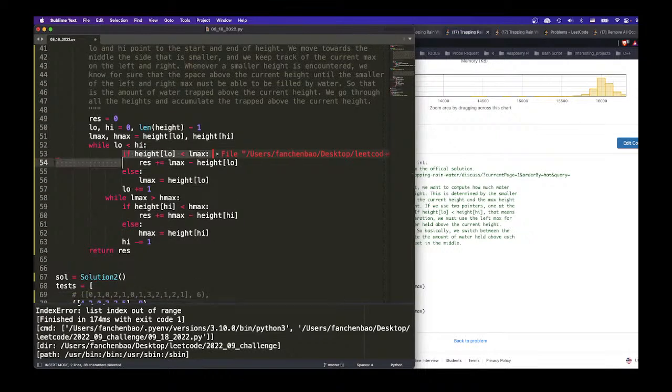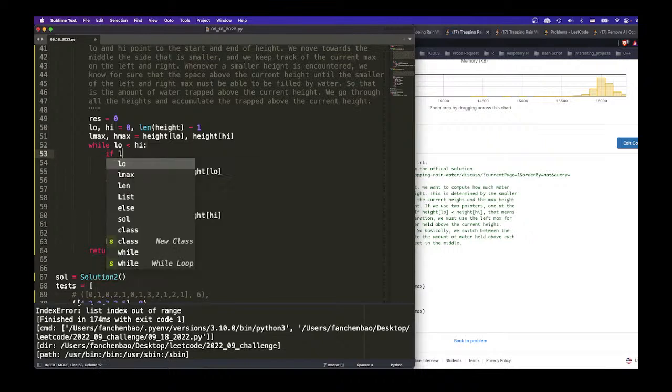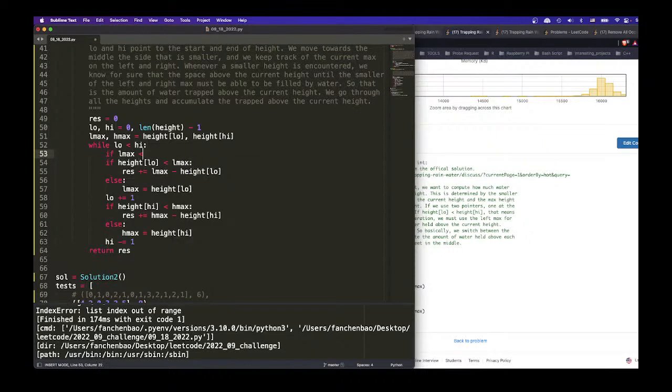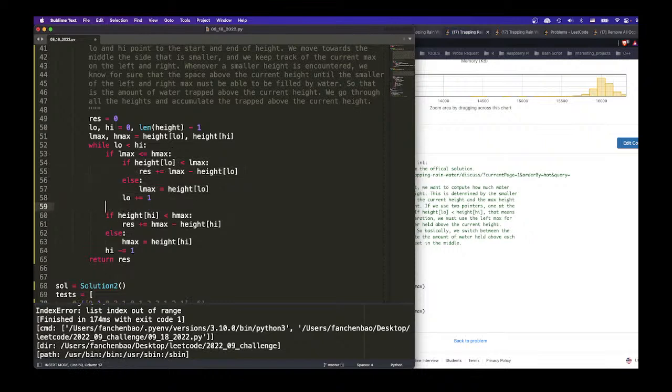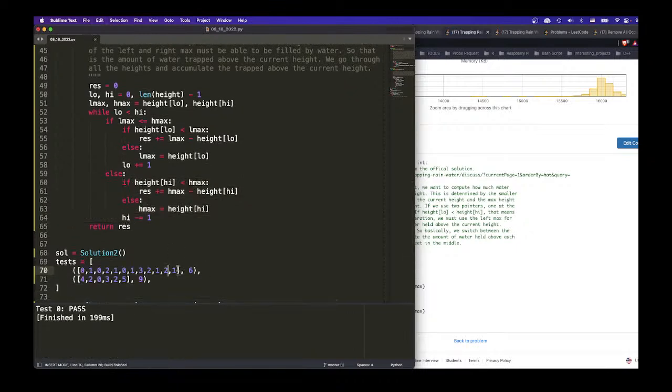Alright, let's just do this. We say if L max is smaller or equal to H max, else, there we go. There you go. Alright, let's compare to this.